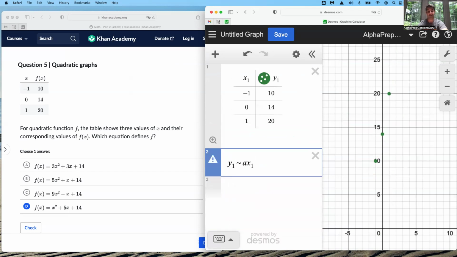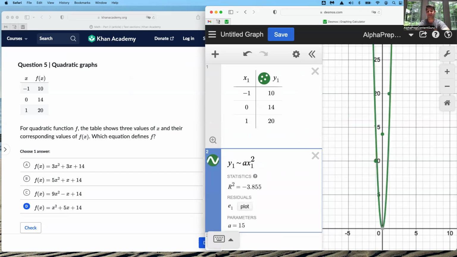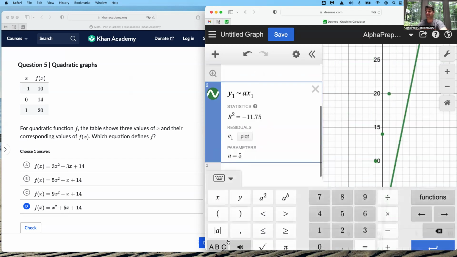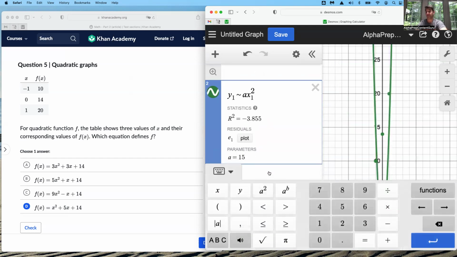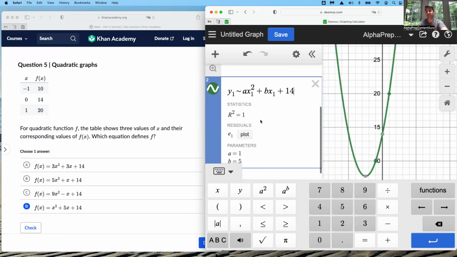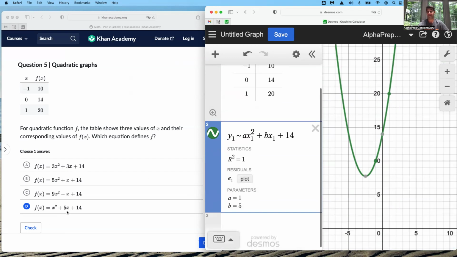I want to go square it. So I did Shift 6, you know, the little caret on top, to square it. Or if I wanted to, I could have clicked here and gone to square it. And then I'm going to go plus b, x subscript 1, plus 14, because all the answers have a 14 in them. And sure enough, it did the math for me, and the answer is D.